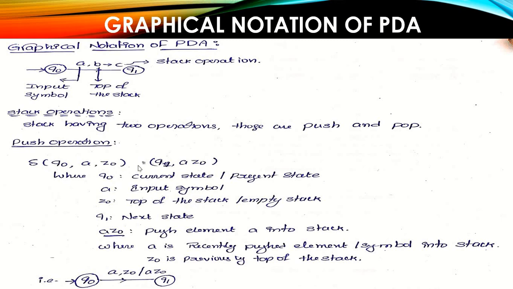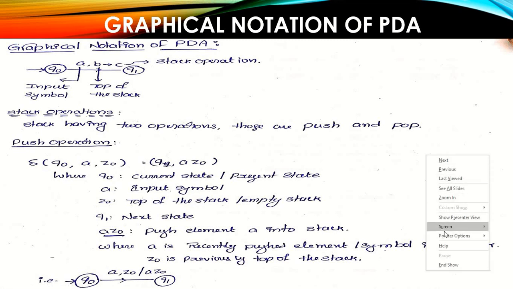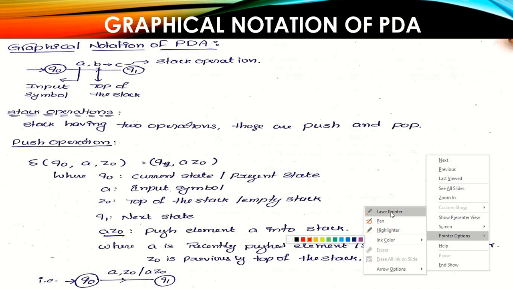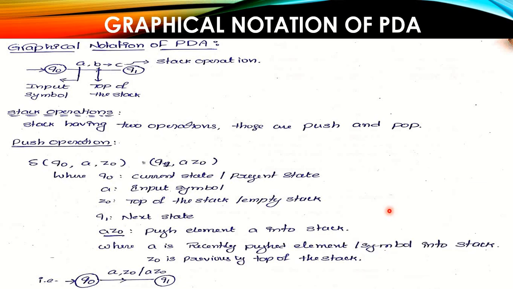What is the meaning of this notation? Here delta indicates the transition function, q0 is the current or present state, a is the input symbol read from the input tape, and z0 is the current top of the stack, whatever symbol or value is stored there.